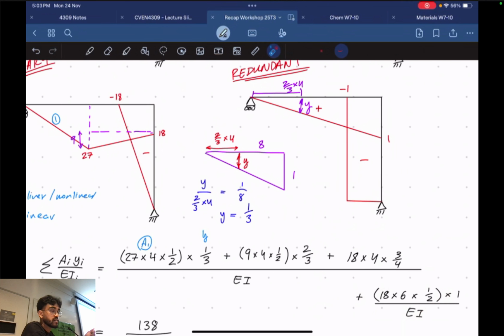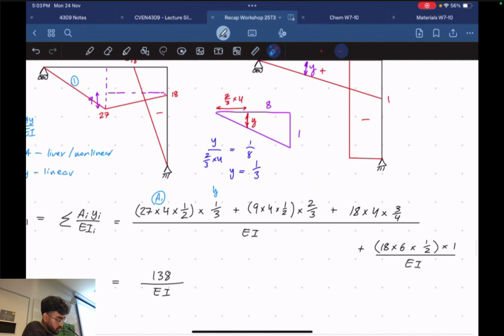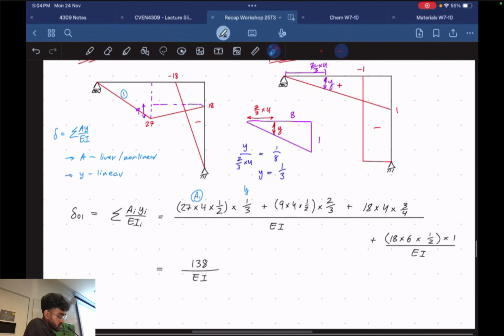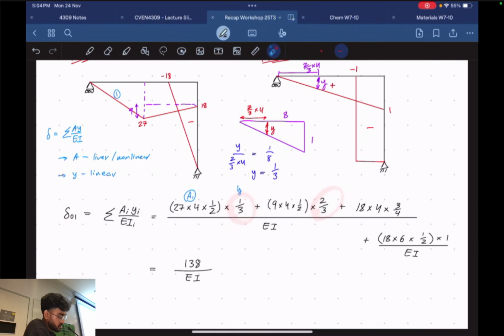Positive. Alright? So when you do all of that, you get your deflection to be 138 on EI. Kind of make sense? I can explain this stuff later as well if you guys need.